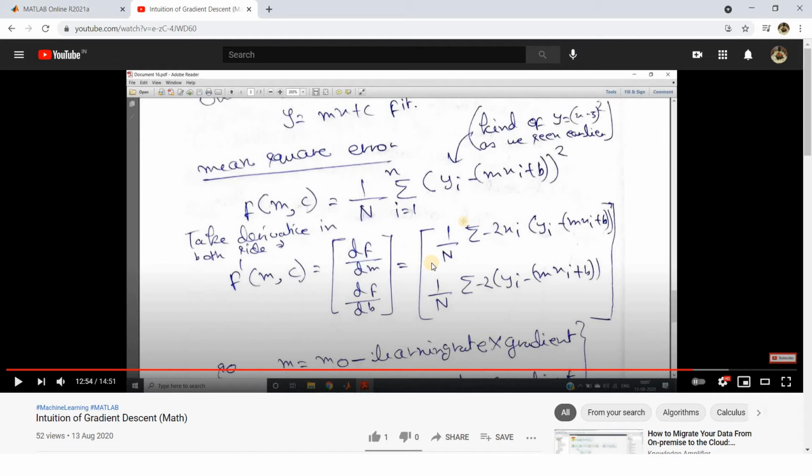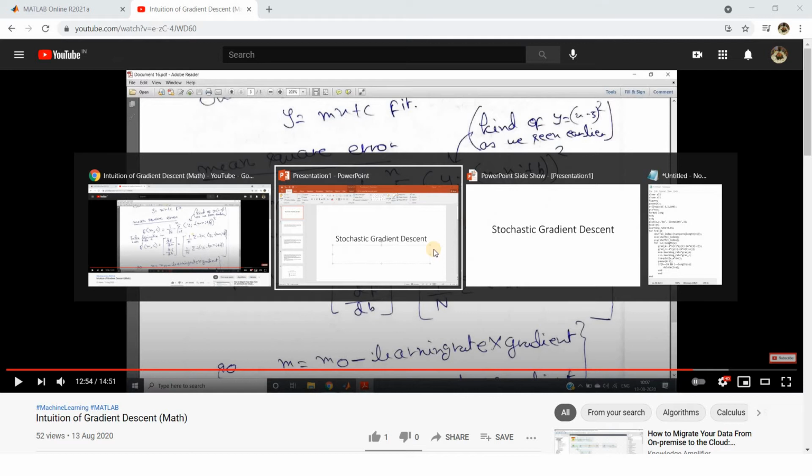That's why scientists came up with a new approach, which is stochastic gradient descent. What it says is, instead of updating the m and c values each time by computing the slope for the overall data, we take one single random point and we update using the error with respect to that random point. Let me discuss here.